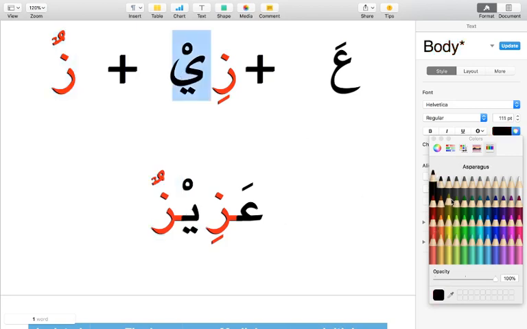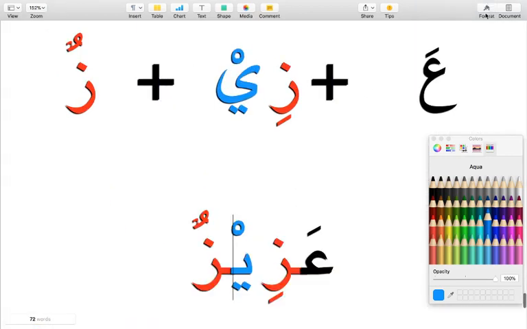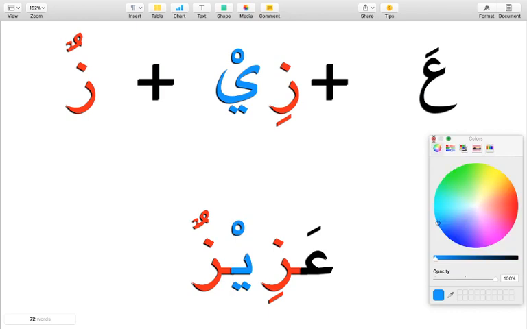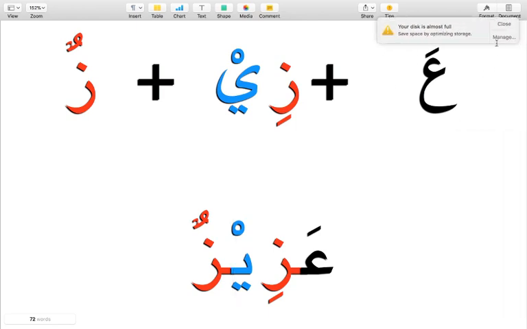We'll put the ya as blue so you can see where the ya is. This is a ya, and the ya will be written with the two dots. This is a zal. So this is how zal is written as the last letter of a word.